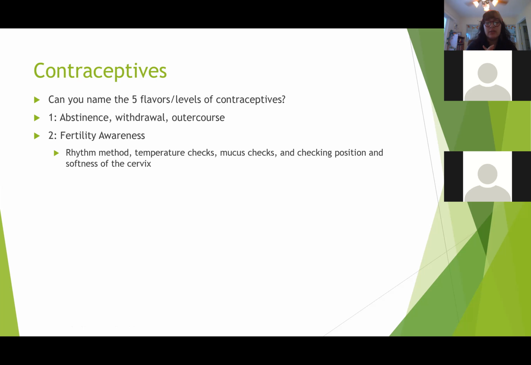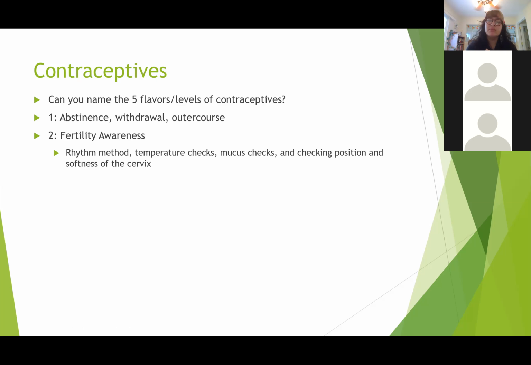Your mucus in the cervix actually gets more fluid when you're ovulating, which makes it easier for sperm to swim up. And you also have to check the position and softness of the cervix, because the cervix moves within the female, and depending where it is placed, you can also tell if she is or isn't ovulating.